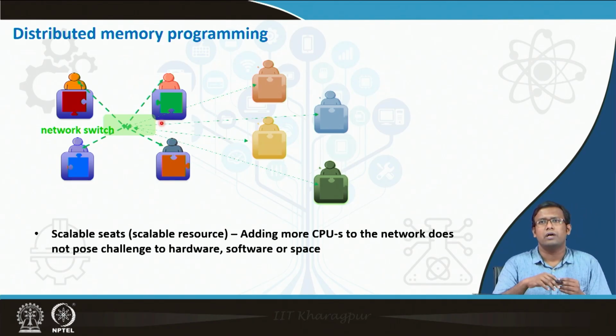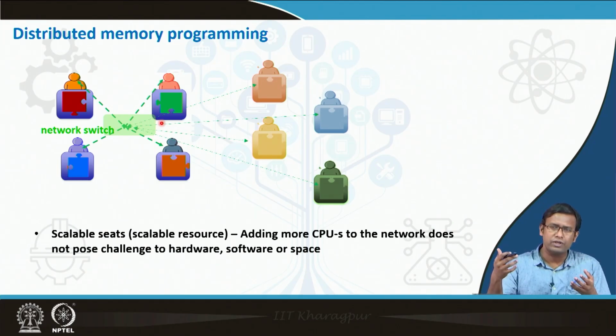That gives us the biggest advantage of distributed memory programming, that we can have a very large system, at very large scale, with high resources and a large number of processors, in which we can solve large problems.